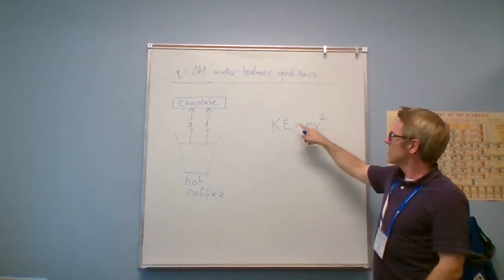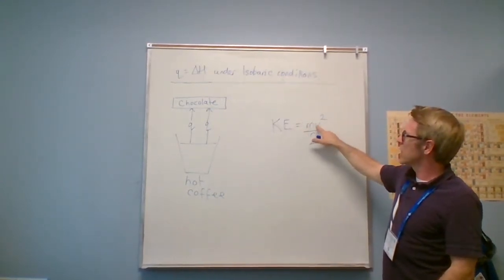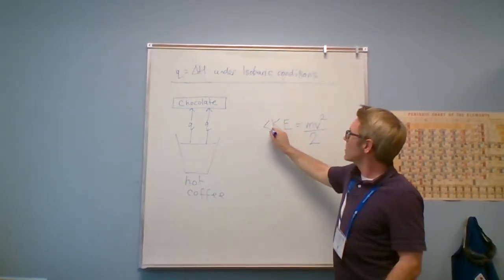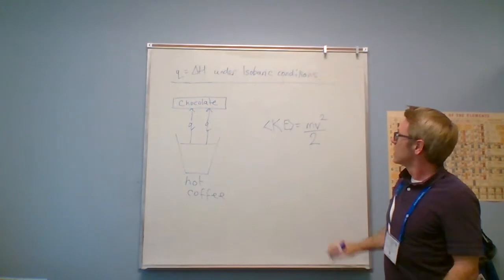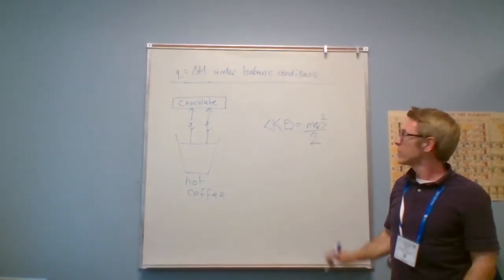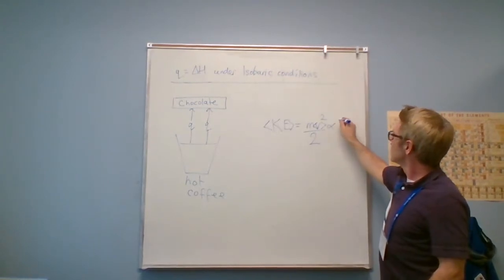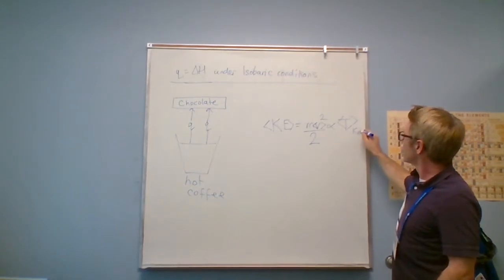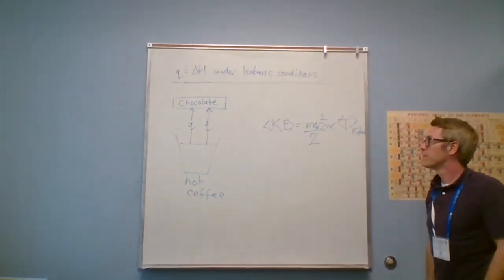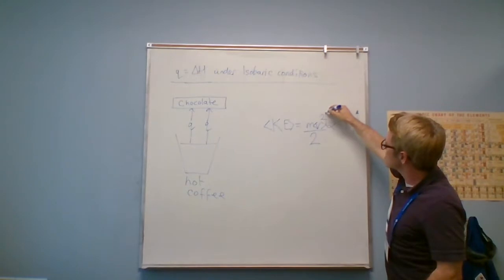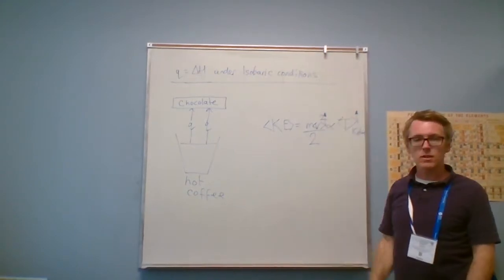Now if you take the average kinetic energy, that is related to the average squared velocity, which is proportional to the average temperature in Kelvin. So, as the temperature of an object increases, it's because, on average, the squared velocity of its pieces increases.